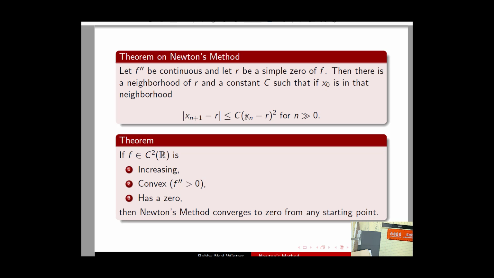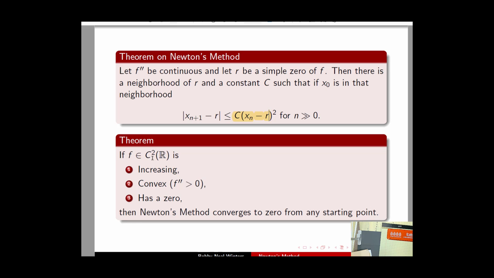The idea here is that when xn minus r is less than 1, say, when you square it, it's even less than 1, so it just gets smaller and smaller and smaller really quickly.